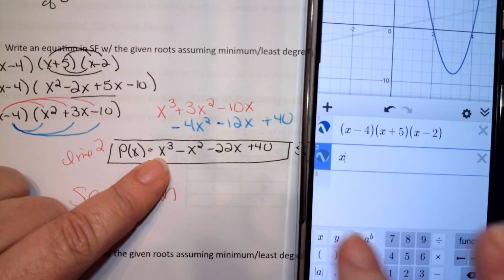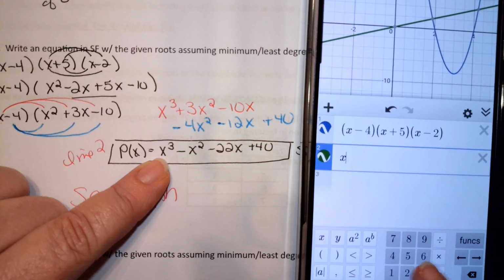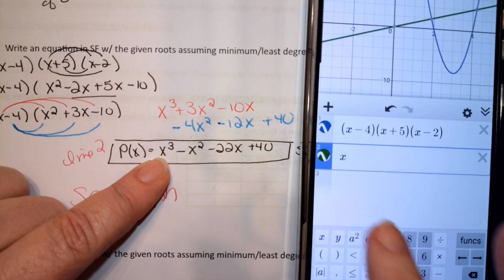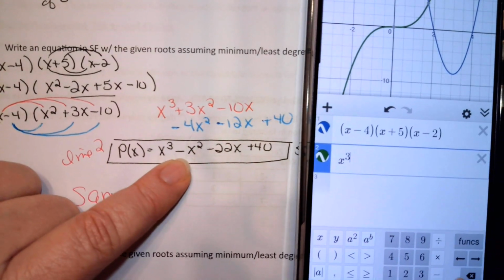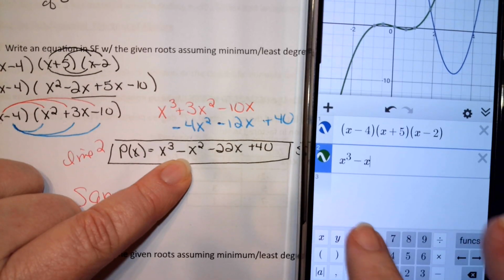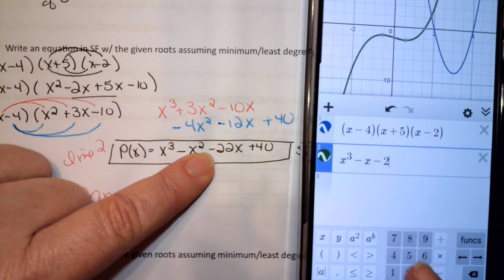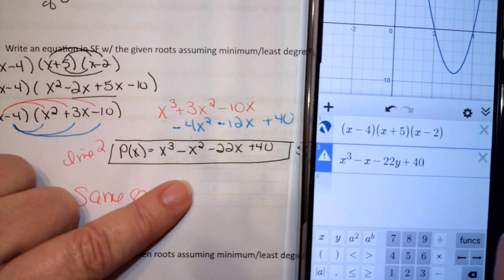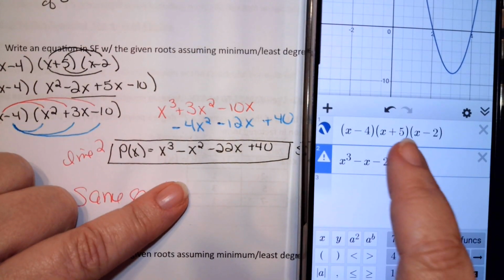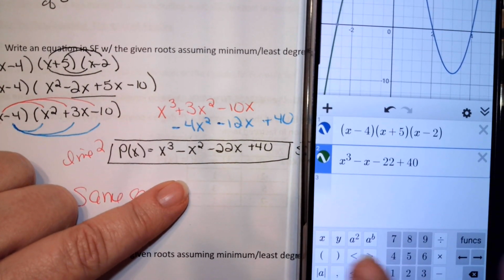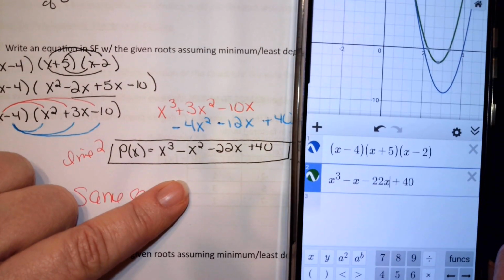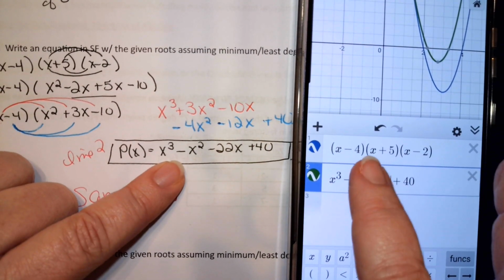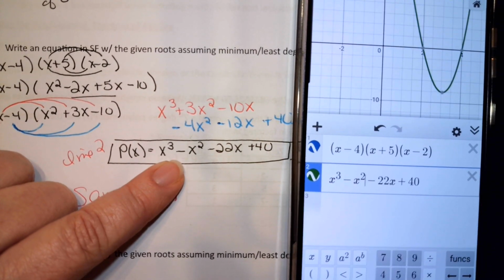And then we've got x cubed, oops, try that again, x cubed minus x squared minus 22x plus 40. Oops, I put a y there, didn't I? Oh, I forgot my x squared right there. That's like something ain't right there.